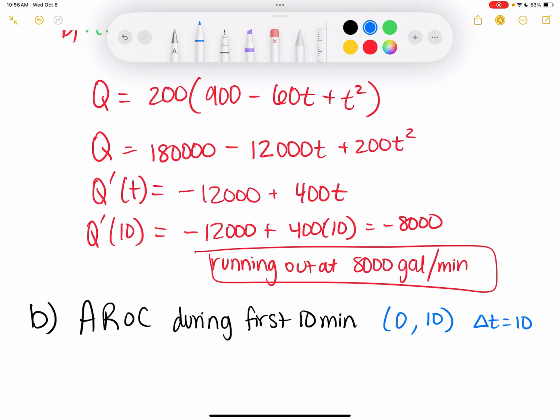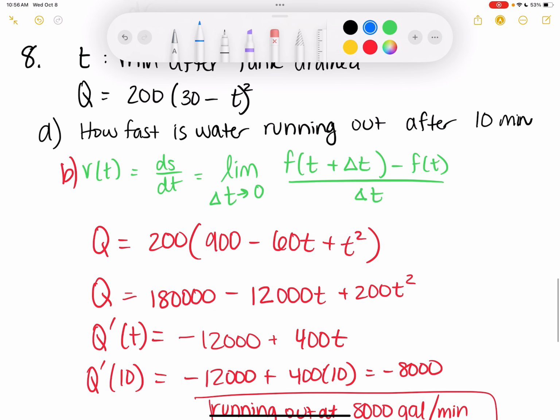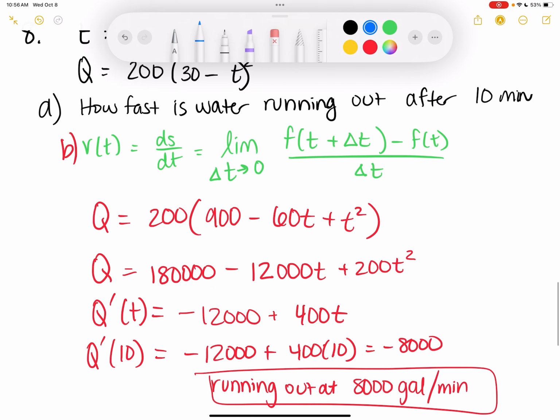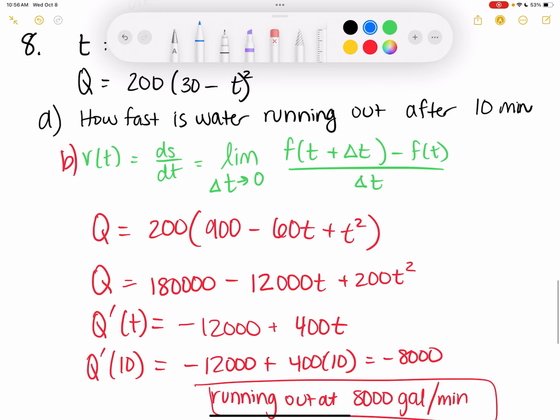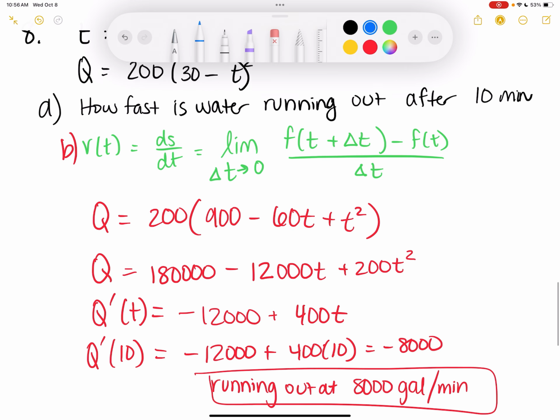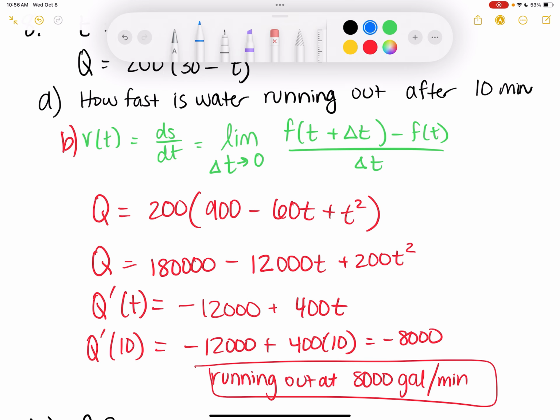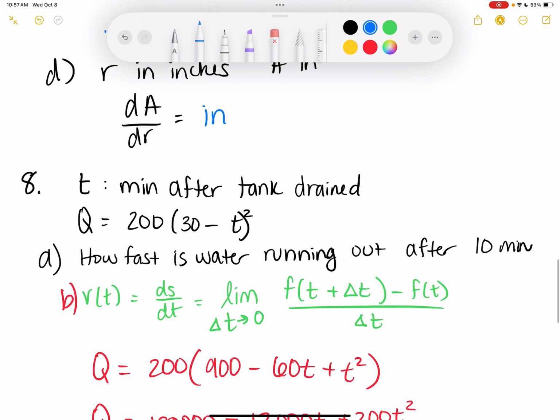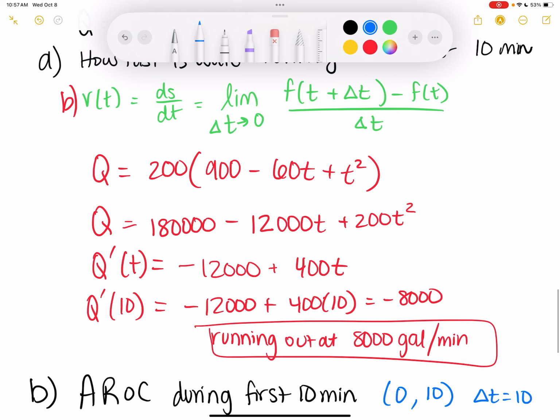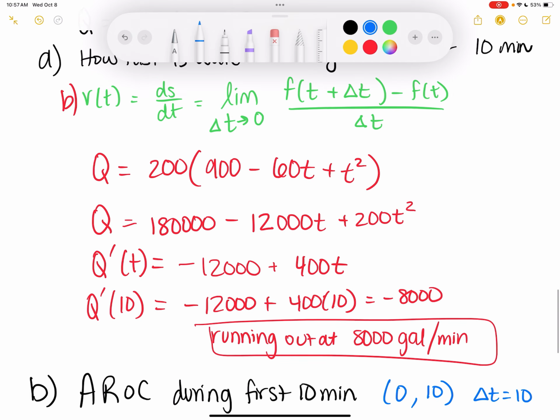So now is where I'm going to use this formula, basically, that I had plugged in here. So T plus delta T, basically, that's like 0 plus 10. So essentially when I plug this in, all I really need is like over the time what's happening. So one of them's going to be 10 and one of them's going to be 0 because it's over the first 10 minutes.